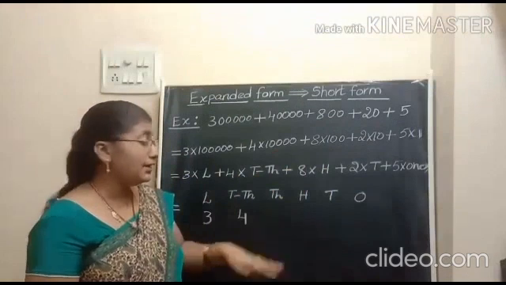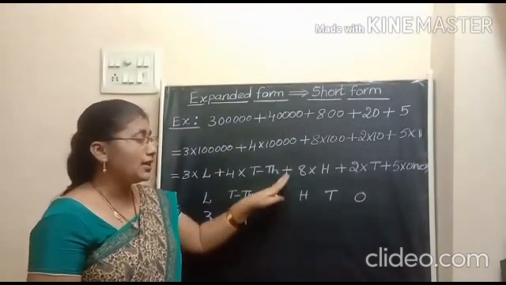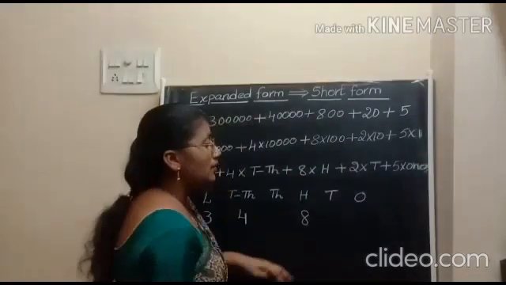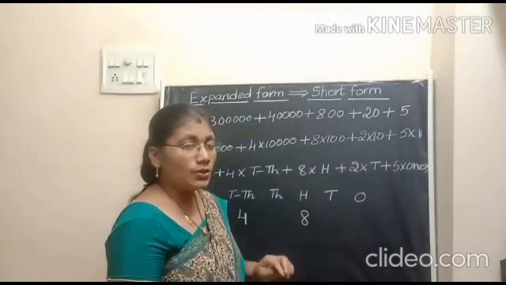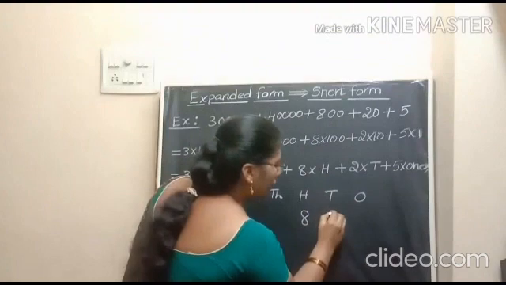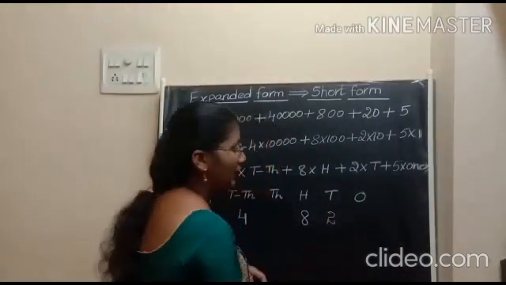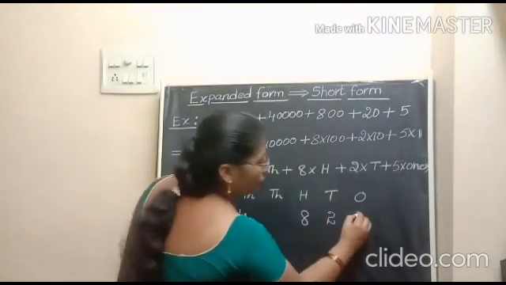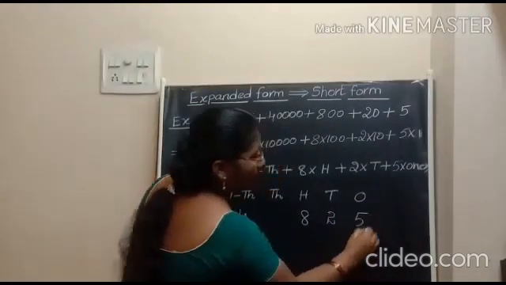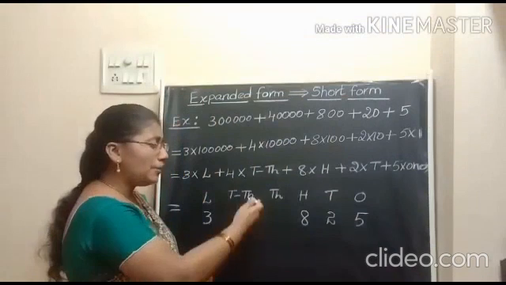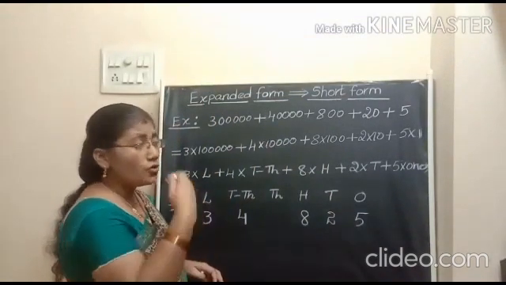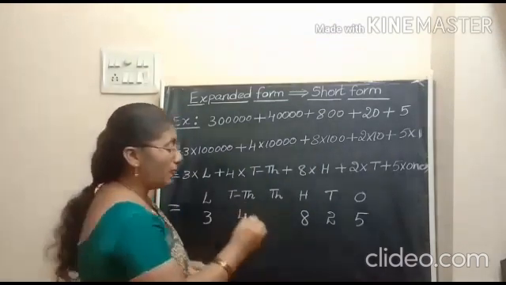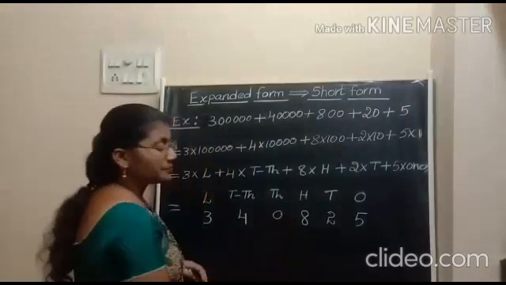So, don't write it in the thousands place. You just write 8 in the hundreds place. And how many tens are here? Only 2. So, we should write 2 in the place of tens. And how many ones? 5. So, we should write 5 in the place of ones. Then what about thousands? There is no digit for thousands. So, simply we should write 0 in that place.